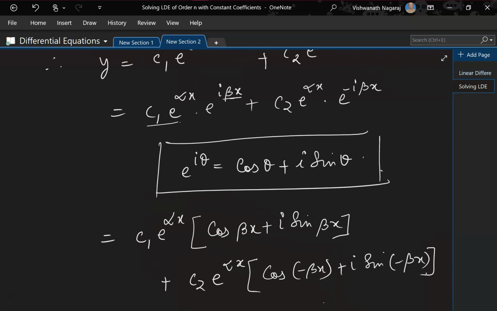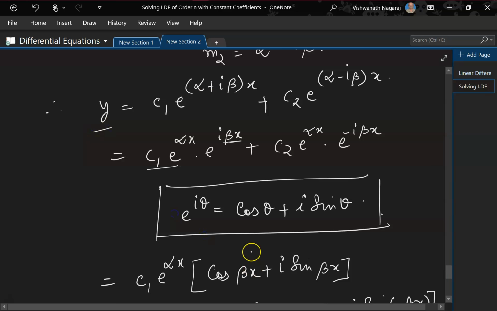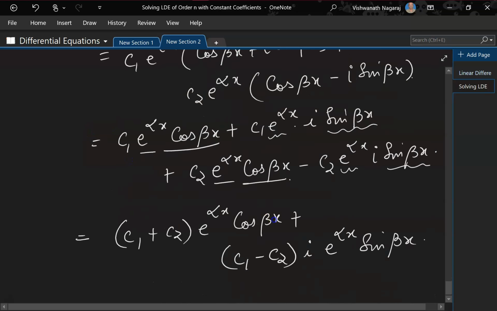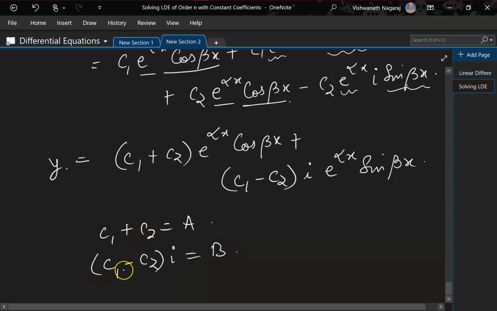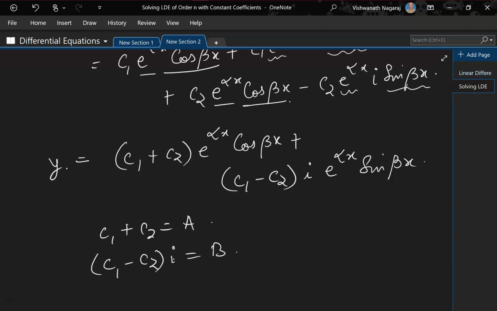All this is, remember, y is equal to. Now let's say C1 plus C2 is equal to A. Let's say (C1 minus C2) i is equal to B. Now why am I taking C1 plus C2 here and C1 minus C2 times i also? Because we know we are starting with complex numbers, so we are in the domain of complex numbers.